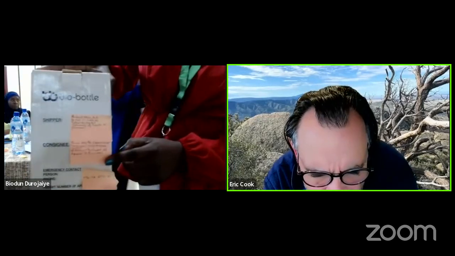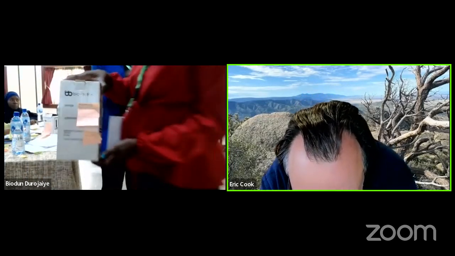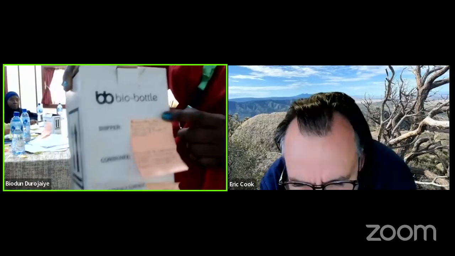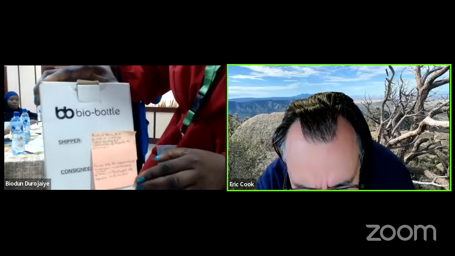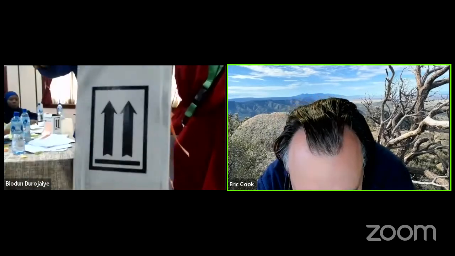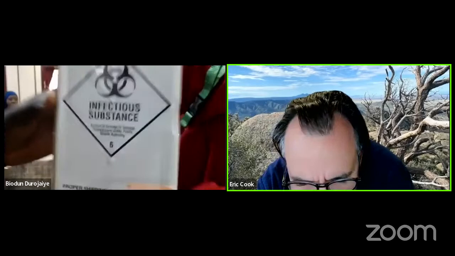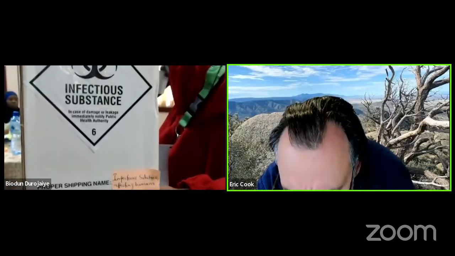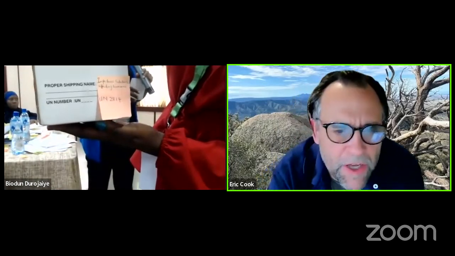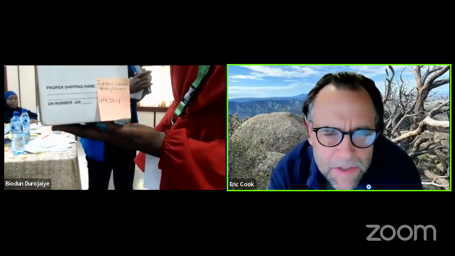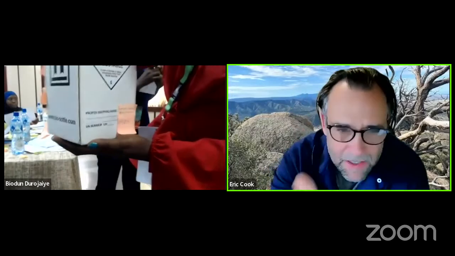And is someone's name there? Yes, on the last one, the very bottom sticky note. Okay, good, infectious substance affecting humans, good, and then UN 2814, good. Let me see up above, just a little bit. All right, that looks good.